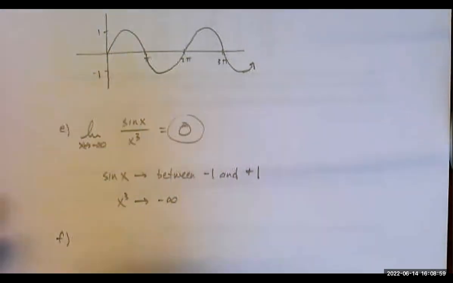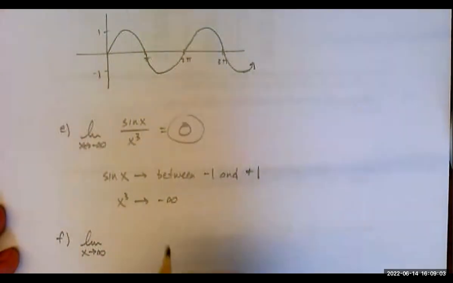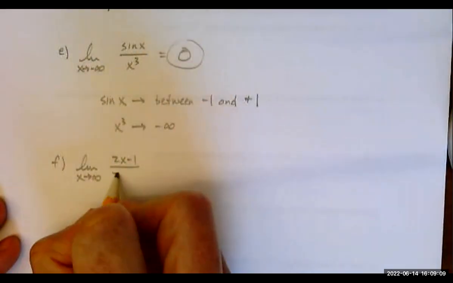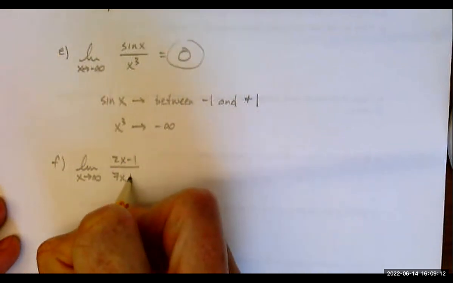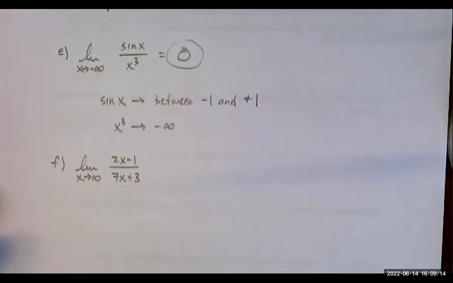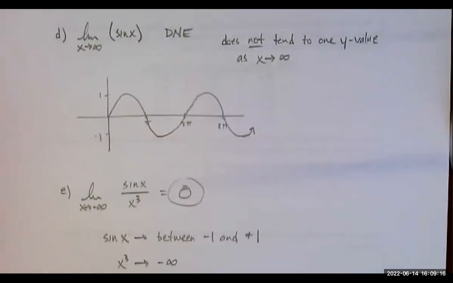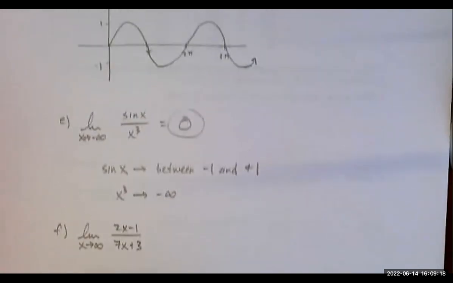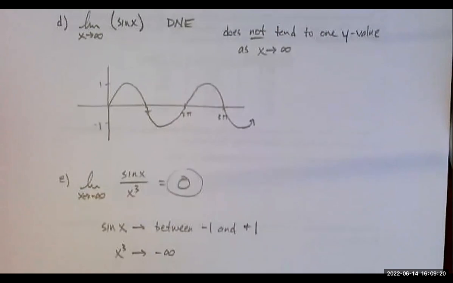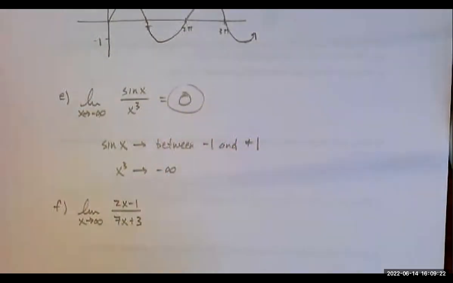Now let's take a look at the next set. These are all kind of similar. We've got x approaching infinity, 2x minus 1 over 7x plus 3. For parts D and E, it was more like we were just considering what happens to the numerator and denominator separately.